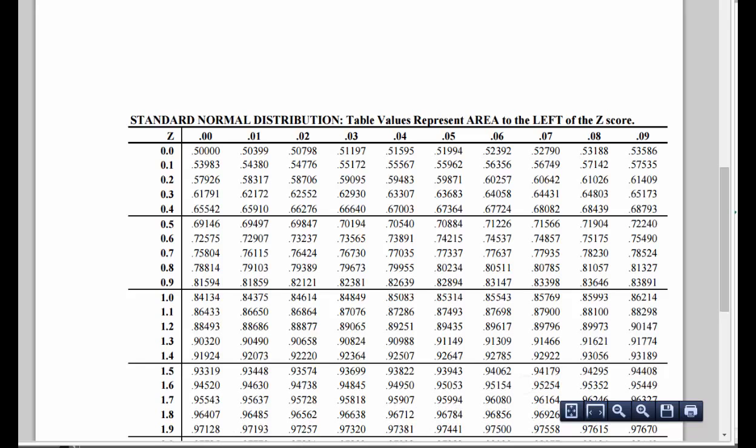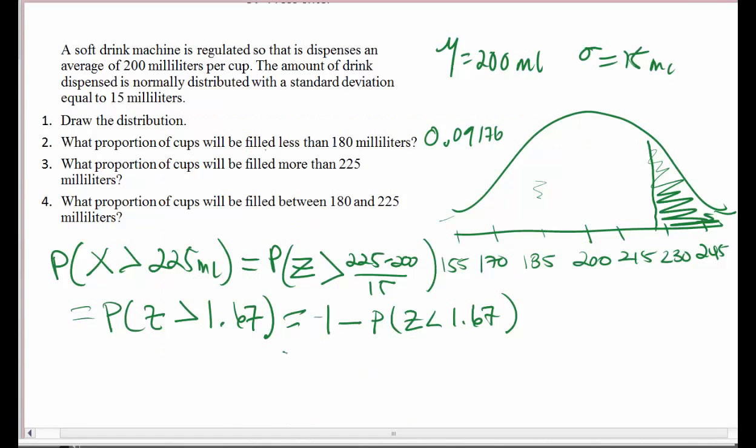So 0.95254, come back over here, this is equal to 1 minus 0.95254. So just to make sure that you understand what that area is, this is the stuff that we don't want, but that falls below 225 in our distribution.